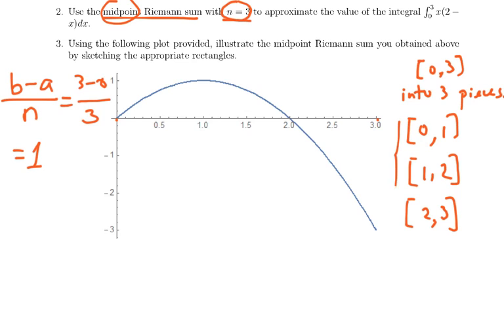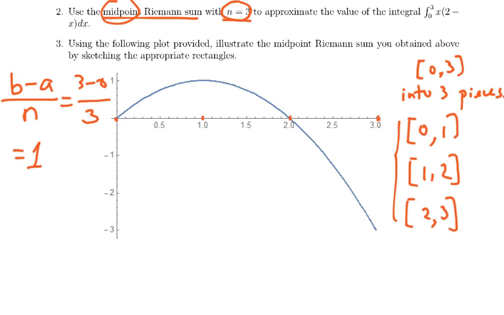So in the same way we get these 3 pieces: 0 to 1, 1 to 2, and 2 to 3. So 0 to 1 is the first part, 1 to 2 is the second part, and 2 to 3 is the third part. Because we're going to use the midpoint Riemann sum, we're going to find the midpoint of each interval.